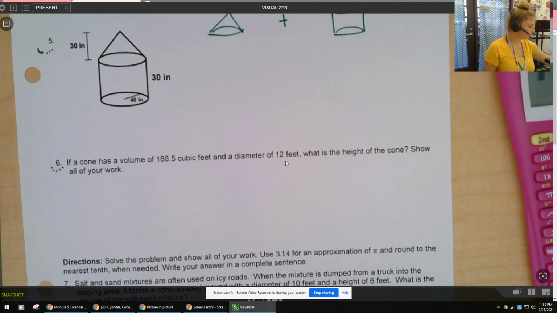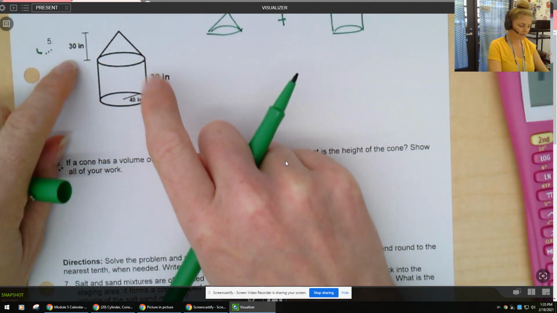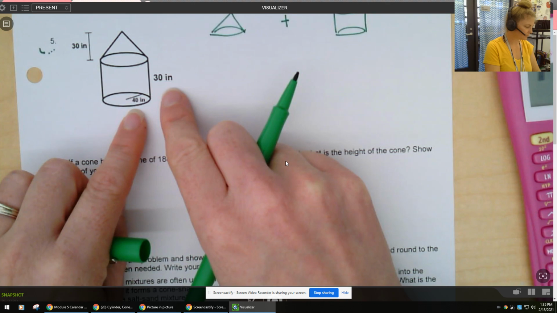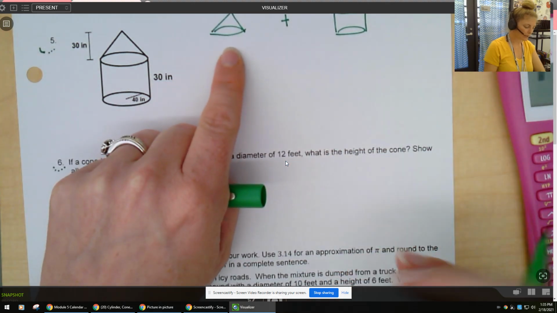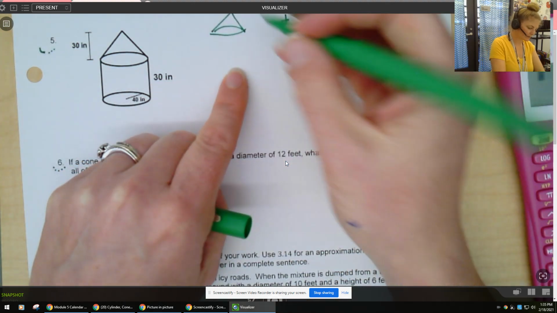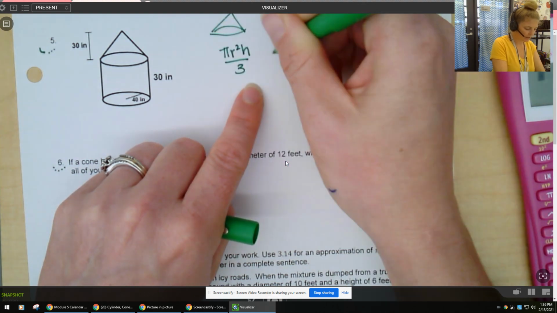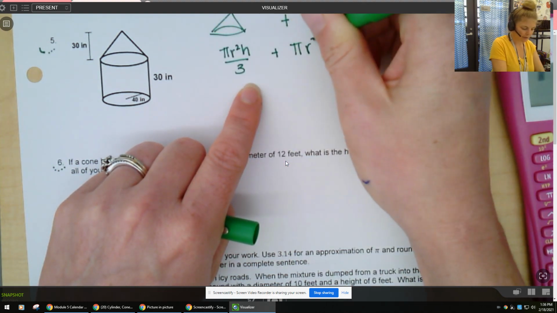So taking a look here, some people might notice already that their heights and radii are equal. So you might notice that here we can say that this is pi r squared h divided by 3 plus pi r squared h.